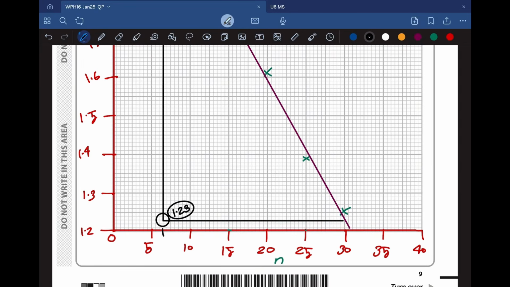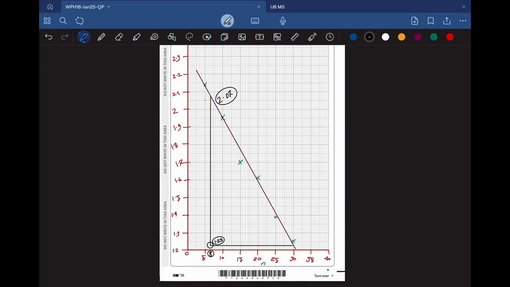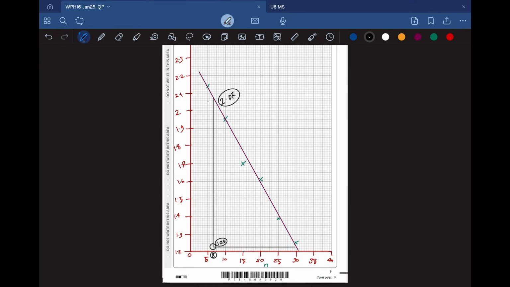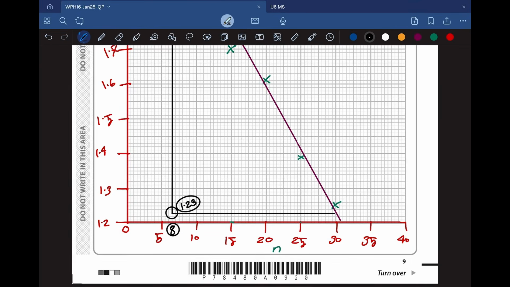The corresponding x value right here is going to be not 7 actually, 6, 7, 8. It is going to be 8. And let's take the corresponding x value for this part, which is going to be exactly 30.